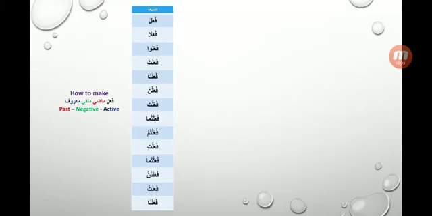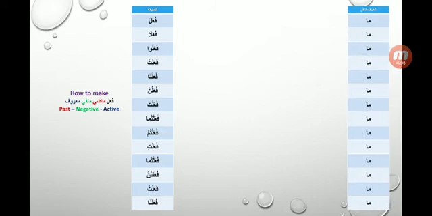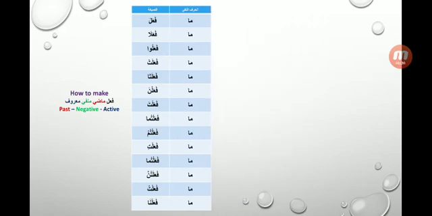Now the next thing is how to make fi'l madi manfi ma'ruf, which means how to make the negative form of fi'l madi. We have seen how to make the affirmative active form, and the passive form, and now we are going to see how to make the negative form. In order to make the negative form, it's a very simple rule: we just add ma before the word.